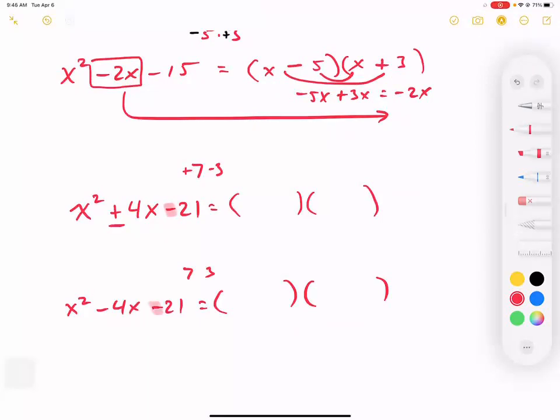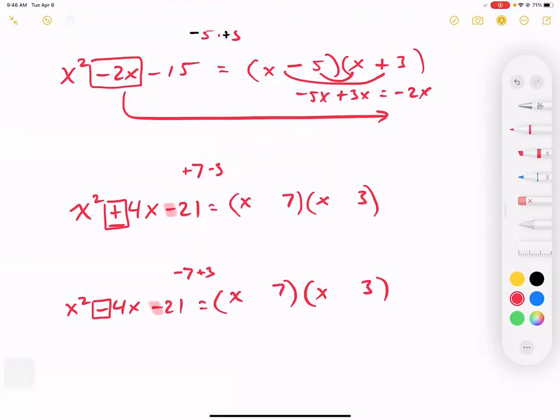Over here, we see that we have a negative have to win when we combine them. So 7 minus 3 is 4, yeah? It is 4. But we want more negatives to win, so we're going to flip those signs. So x, x, x, and x. We know it's 7 and 3. That is not to be debated.